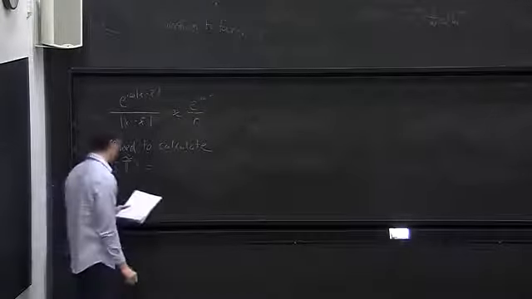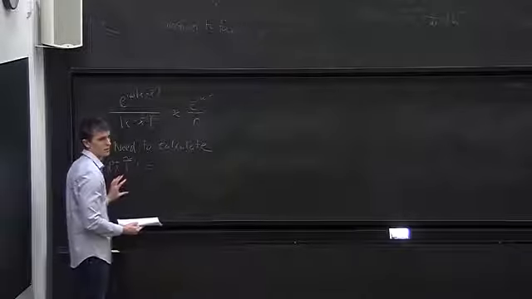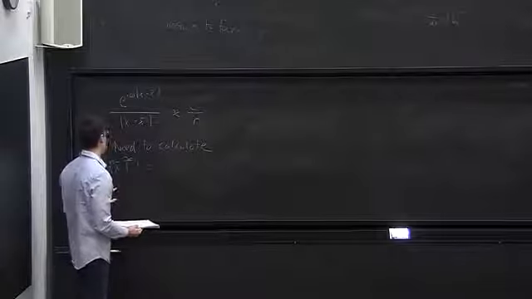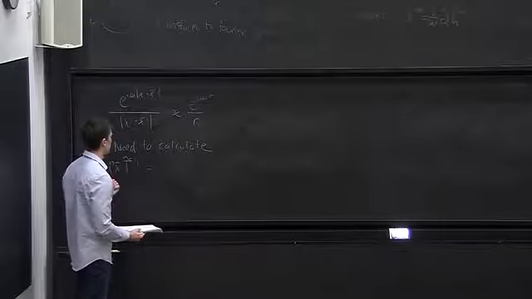So in order to calculate this, we're going to use a couple of tricks. One is reverse integration by parts. And the other is just the fact that the stress energy tensor is conserved.